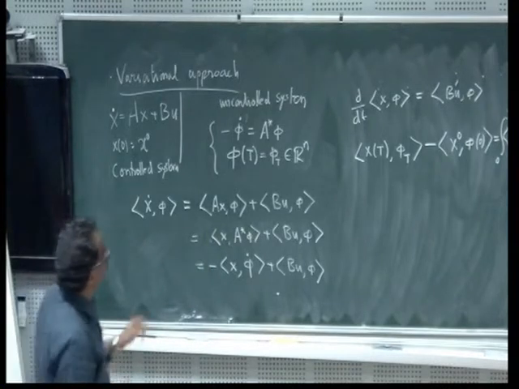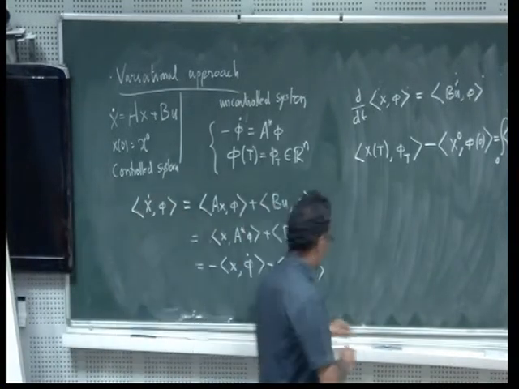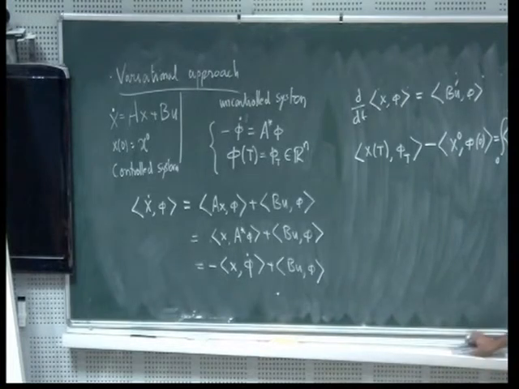So what does this show? One point I forgot to tell you. For these finite dimensional systems, or linear systems, exact controllability is equivalent to what is called null controllability. So let me introduce one more notion.